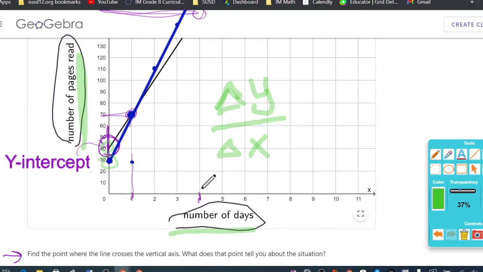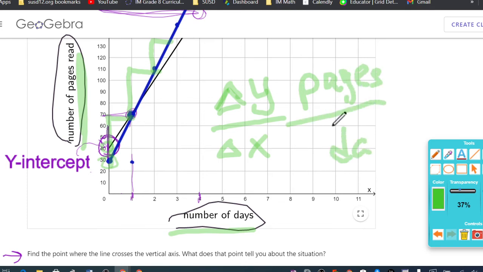So the change in y is how many pages she read for each day. It goes up y pages per day. Does that make sense? Let me write that down. It goes up y number of pages for each day on the x-axis.